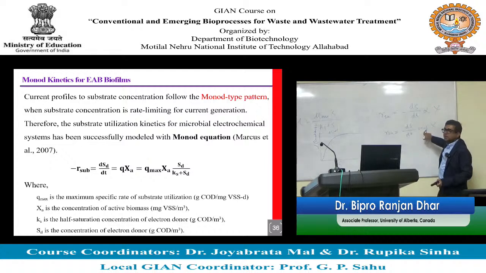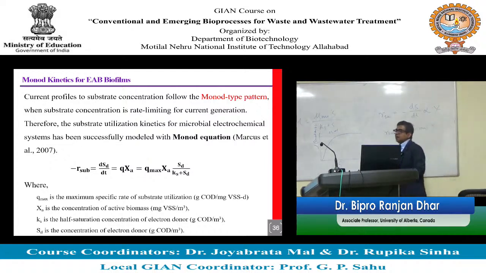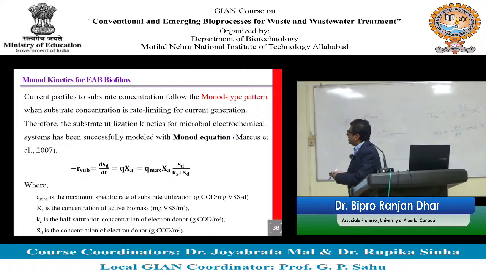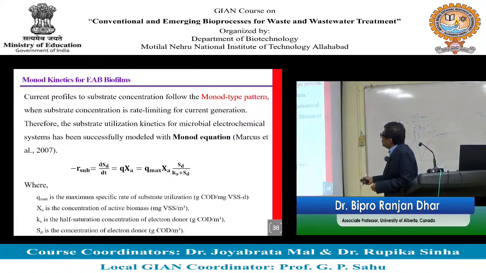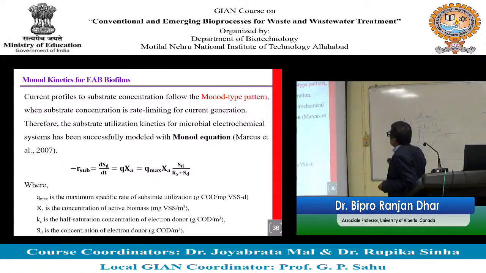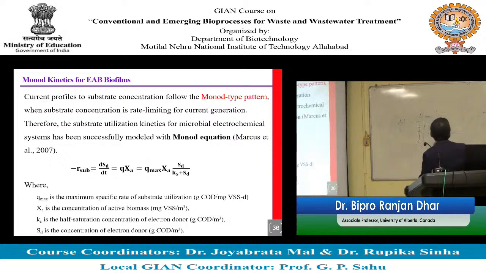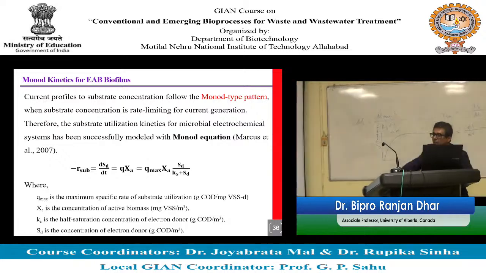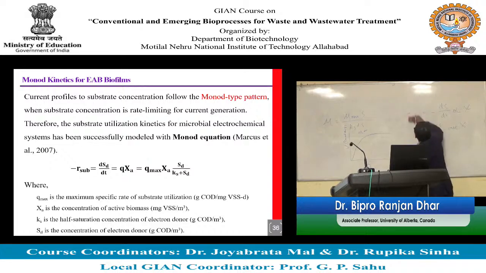This is a specific substrate utilization rate, but here instead of mu we are going to use q. So q is the maximum specific rate of substrate utilization. Maybe I clean the board and start writing from scratch, I think that would be better.